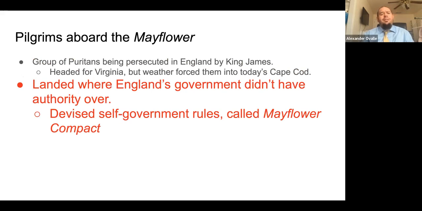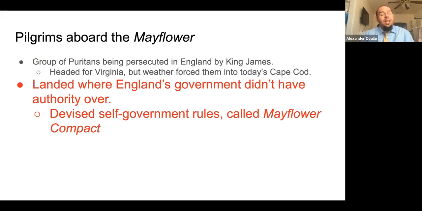A little bit further forward in pre-colonial American history, you have the Pilgrims aboard the Mayflower. You have a group of Pilgrims, a group of Puritans. Remember, Puritans were trying to purify the Catholic Church of its religious practices. They were being persecuted in England by King James.